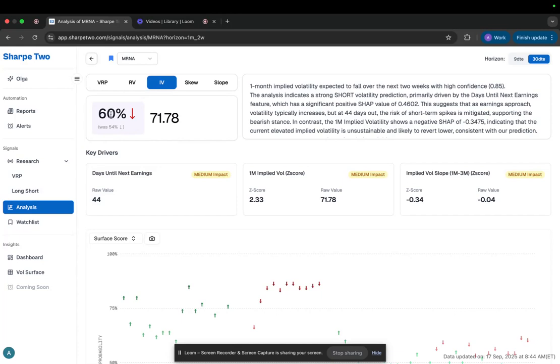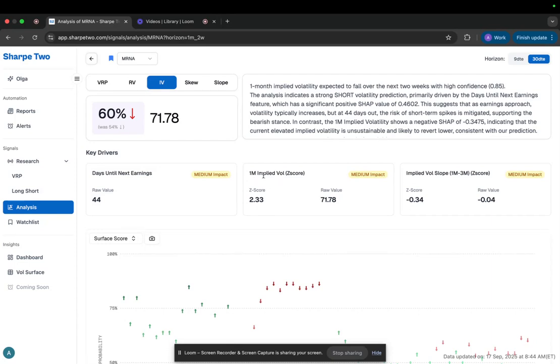Not as strong, right? 60%. I start to pay attention to probabilities when they're above 65%. 60%, okay, let's just have a look at it. We're still very far from the earnings, 44 days. We're not expecting much more from big hands, people that need to hedge ahead of earnings. And we also see the 1 month implied volatility is quite high.